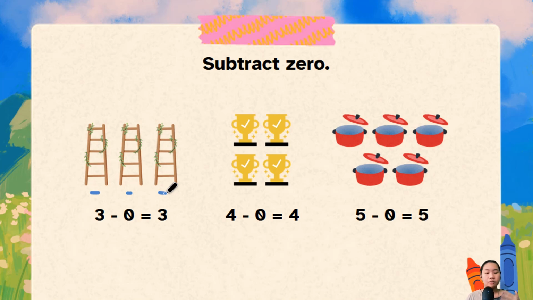So I minus 3 letters to nothing, basically. And what do I have left? Well, I still have the same 3 letters, okay? The same with these trophies and the same with these pots. 3 minus 0 equals 3. 4 minus 0 equals 4. And 5 minus 0 equals 5.